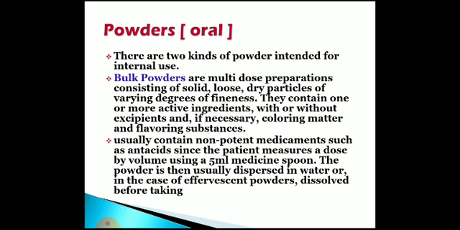They contain one or more active ingredients with or without excipients. Sometimes, if we need to mask, we use coloring matter and flavoring agent. The powder usually contains non-potent medicament, for example, antacid.